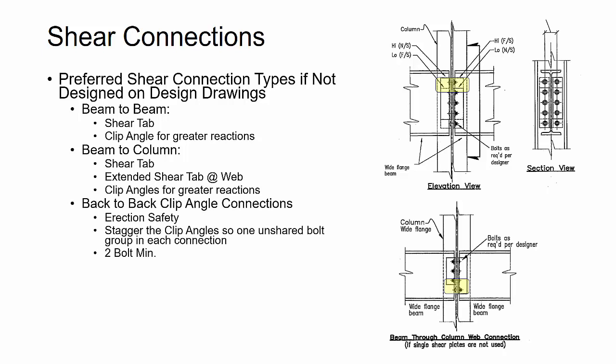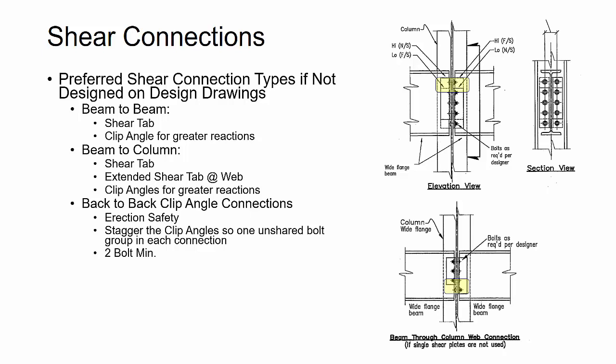Now, when you look at back-to-back clip angle connections, if you do have to do a clip angle job, or certain connections that are clip angle, and there's a beam on either side of the column web or either side of the supporting beam web, you'll see in the detail image on the right-hand side of the slide that I've staggered or dropped some of the clip angles in order to get what is called a safety connection.